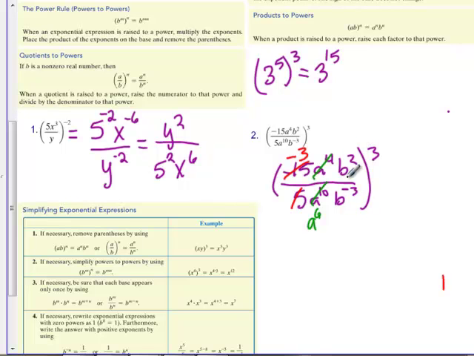The other thing you could have done is rewritten this b to the negative 3 on top as b cubed. So then you have b squared times b cubed, or b to the 2nd power times b to the 3rd power, and then you're adding. So this is going to turn into b to the 5th on top. Yes? Okay.